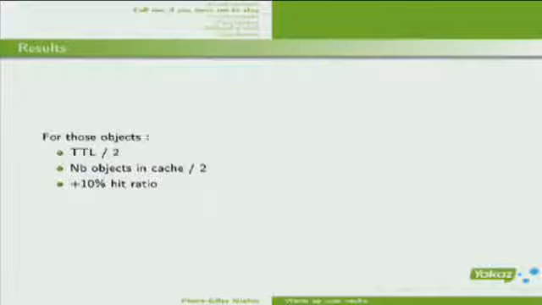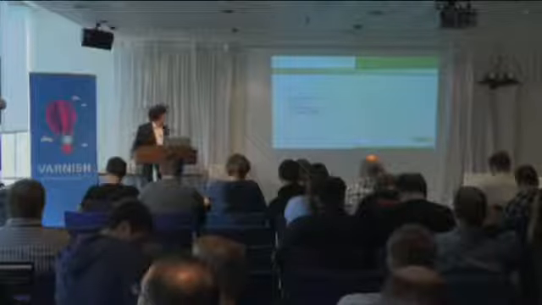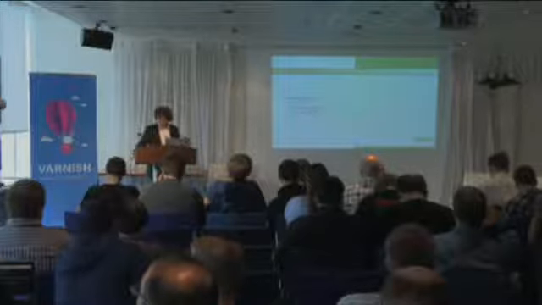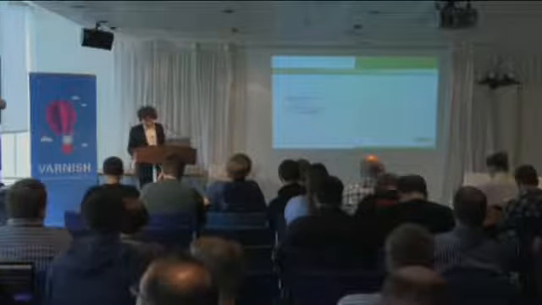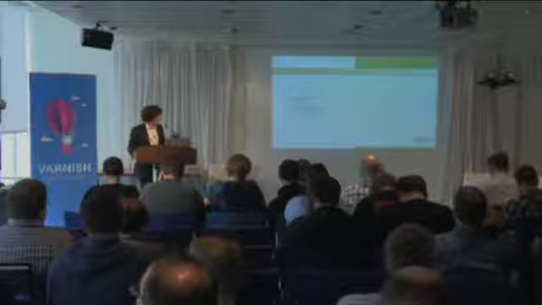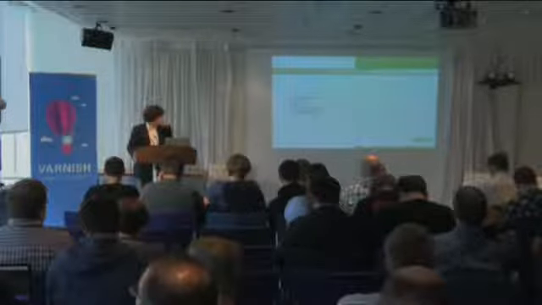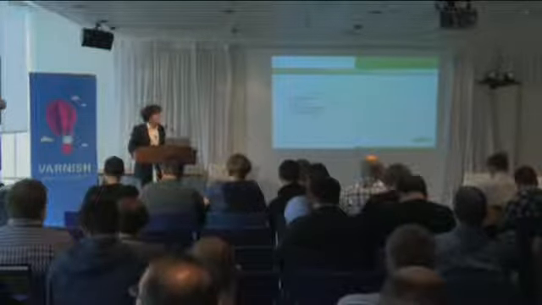So we chose to renew the TTL of those objects based on a timing condition. On this cache, we divided the average TTL by 2. The number of objects decreased and was divided by 2 too, and the hit ratio was enhanced.